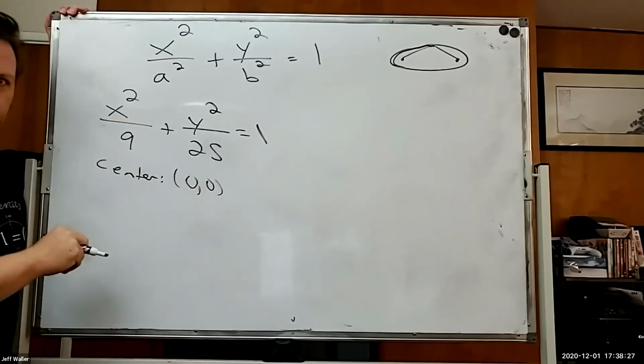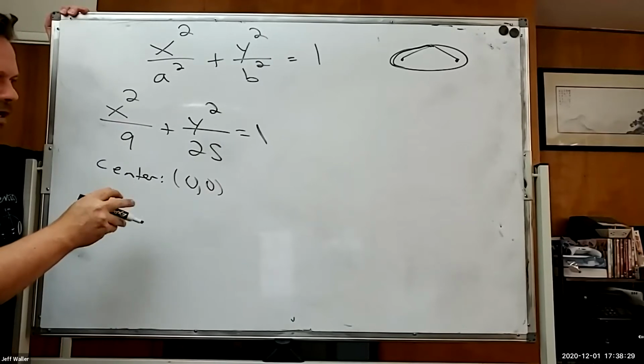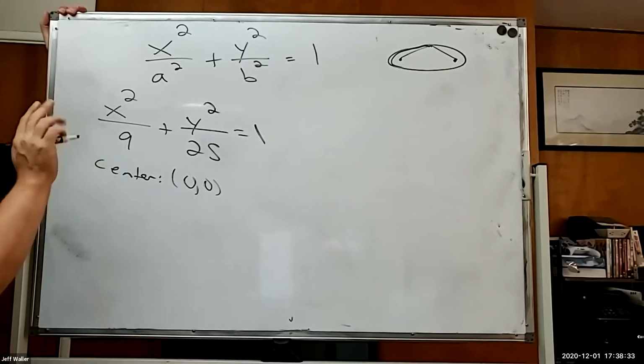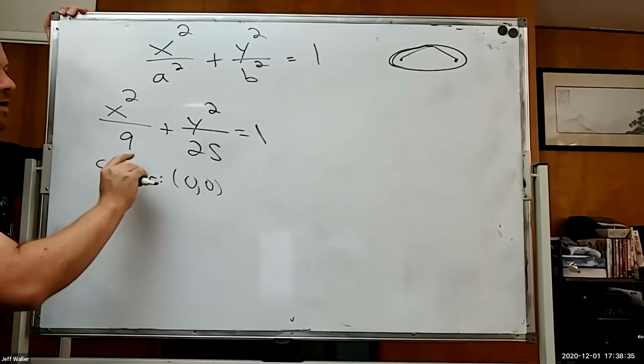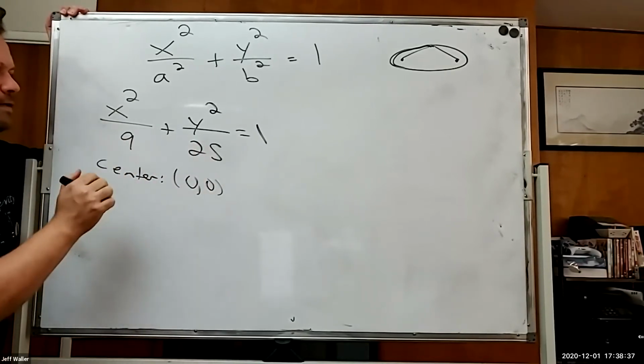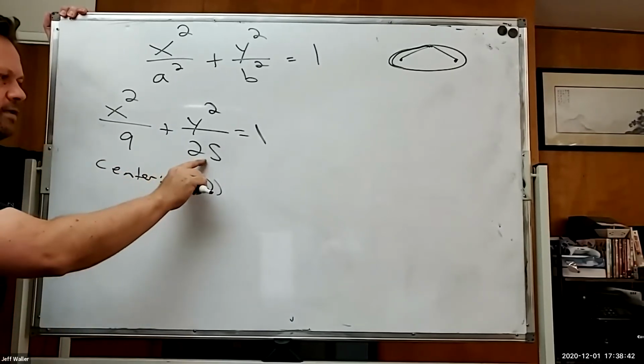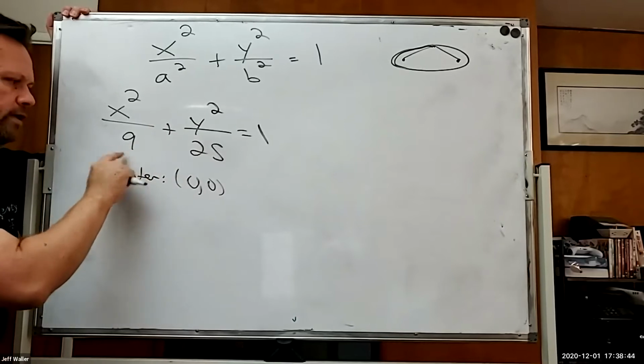You guys with me? I'm not big on official names, but you have a major axis and a minor axis, semi-major, semi-minor. It's the distance along the y-axis, distance along the x-axis.